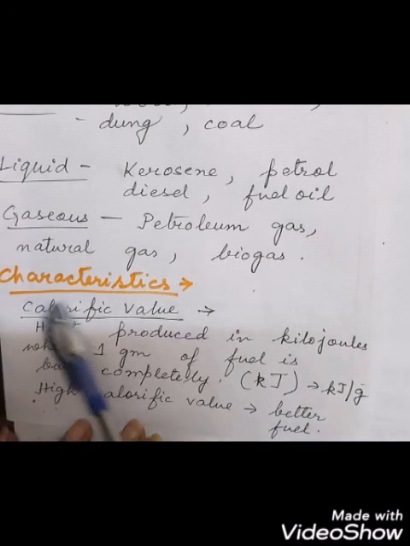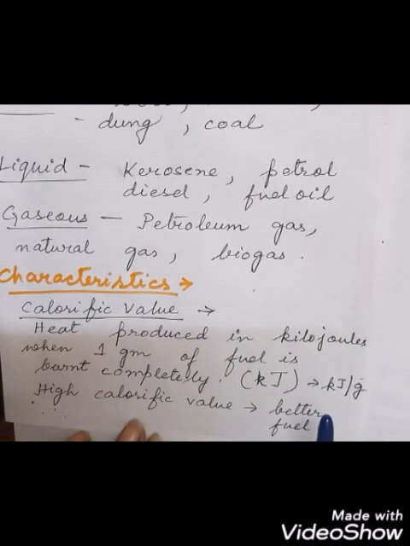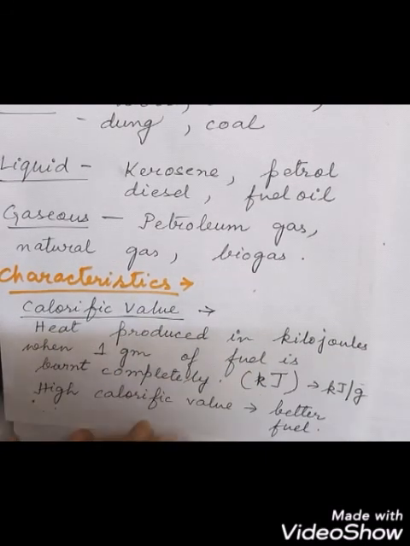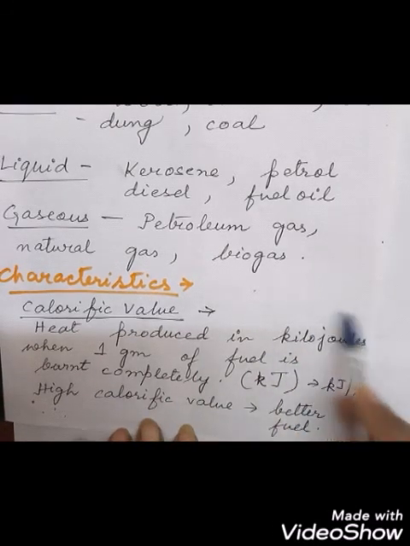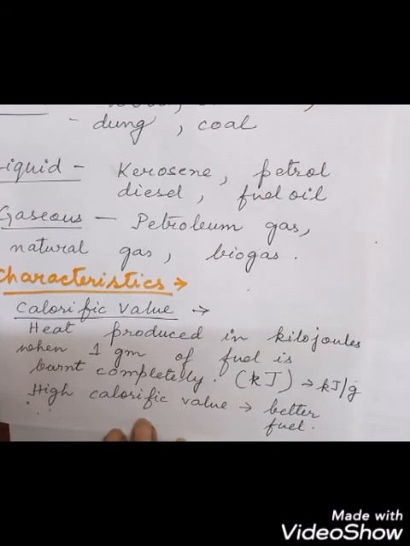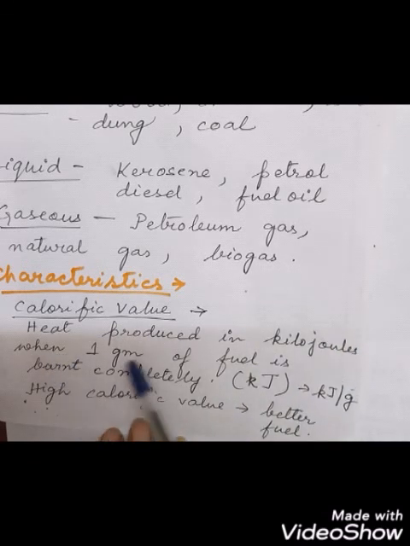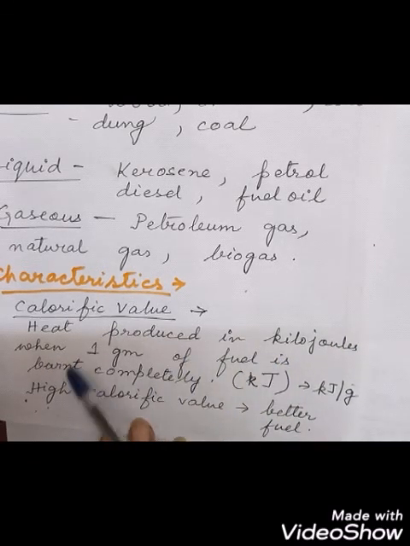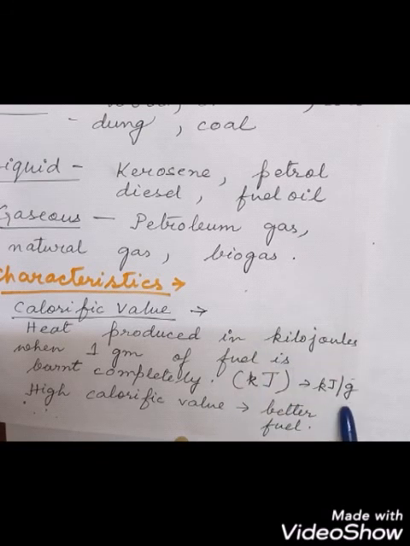Next we come to the characteristic features of fuel. Number one is the calorific value. What is calorific value? It is the heat produced when 1 gram of fuel is burned completely, measured in kilojoules per gram.